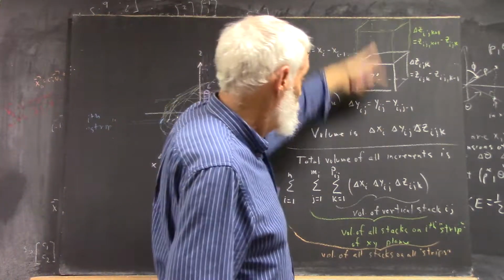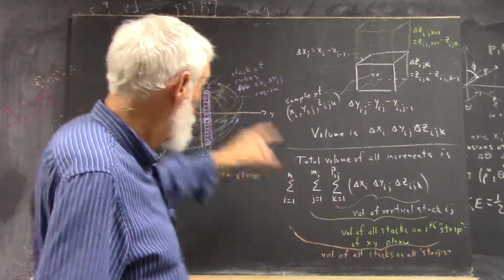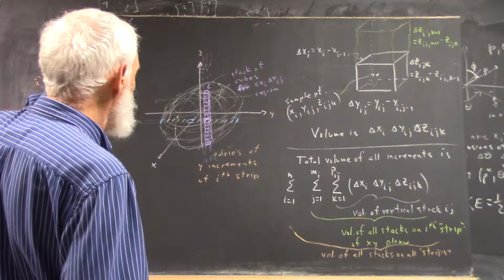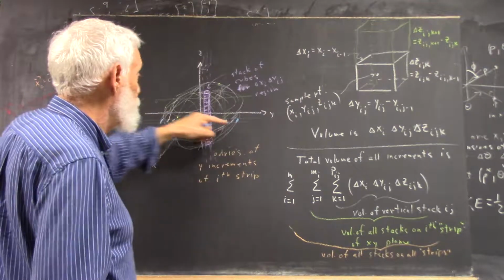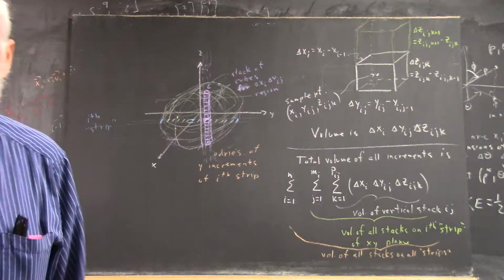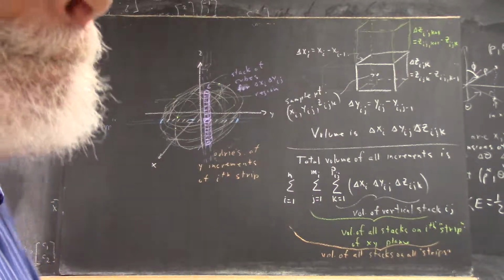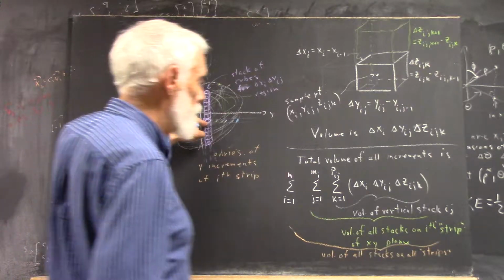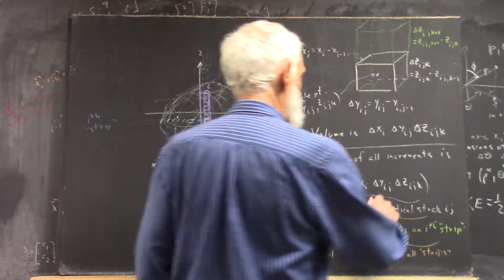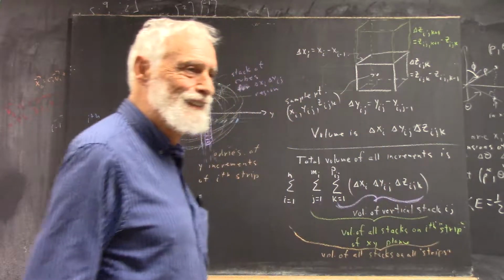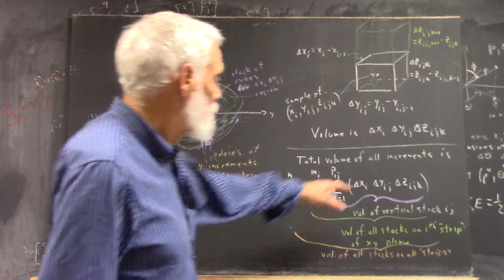So the stack that I was kind of referring to and waving my hands over here looks kind of like this, right? Well, now we could do those stacks for every increment of the strip. So what we have here is this. Let's make this one purple. That's this.